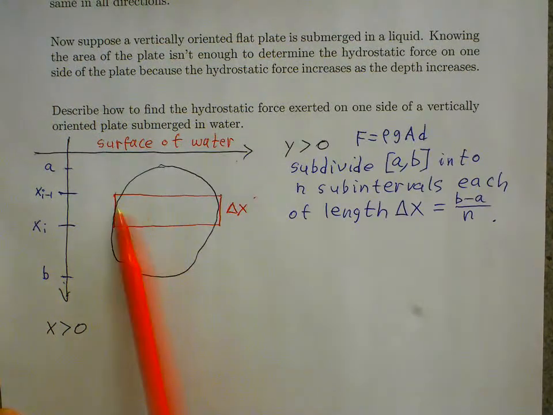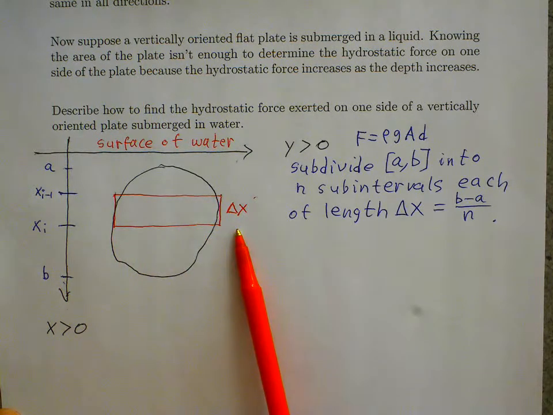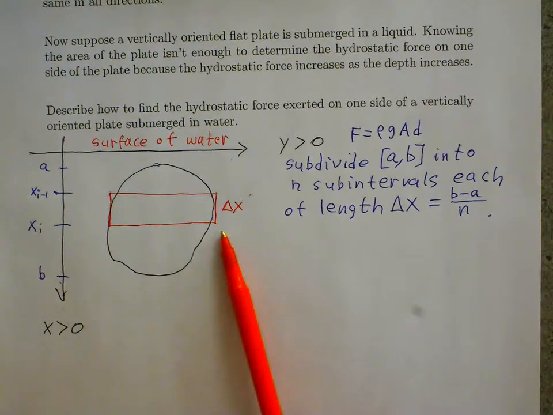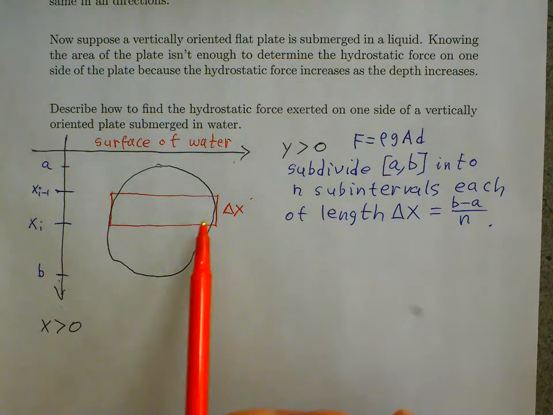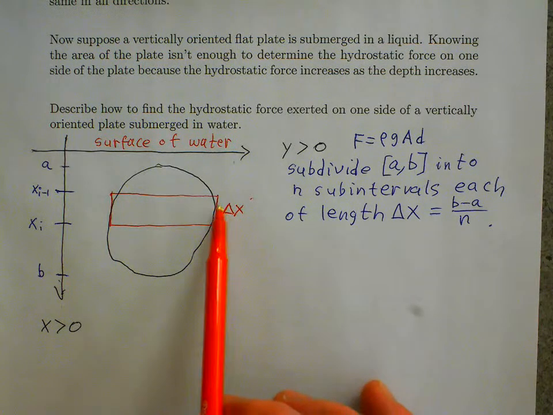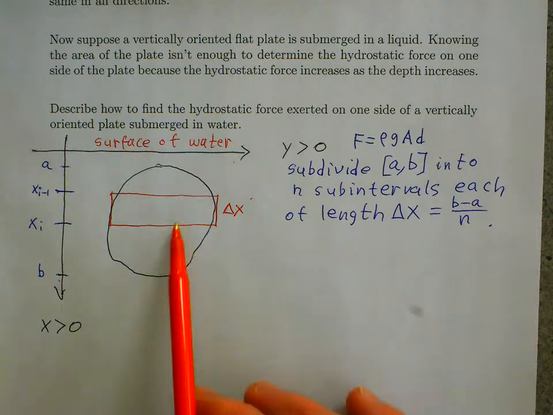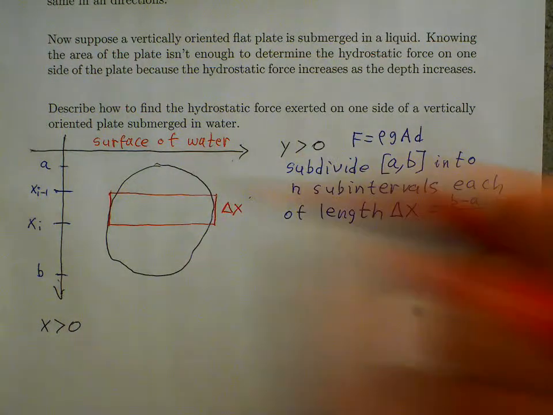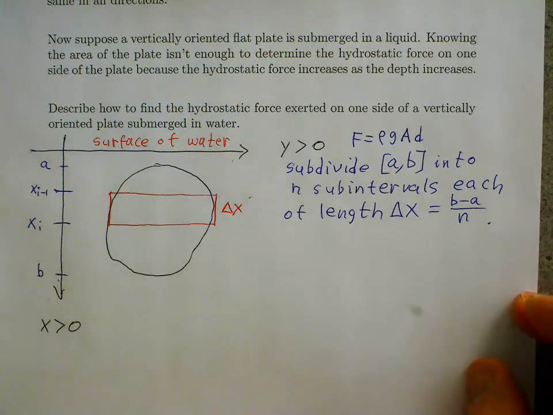But the idea is if you have a thin rectangle, even though it's vertically oriented, the hydrostatic force on that vertically oriented rectangle will be approximately the same as if the rectangle were horizontally oriented, especially if the rectangle is really thin. Okay, so yes, we do want to know the depth that we're going to use, and I'll put that there in a second.